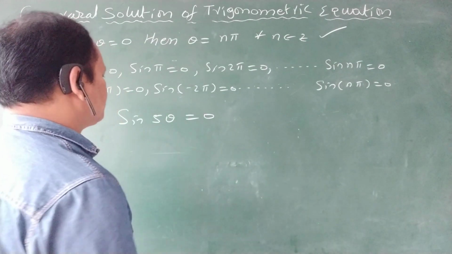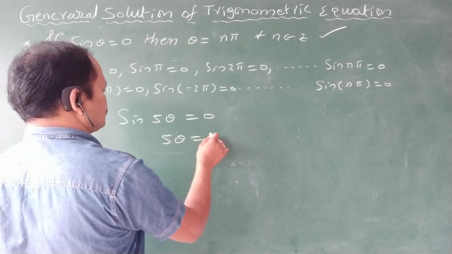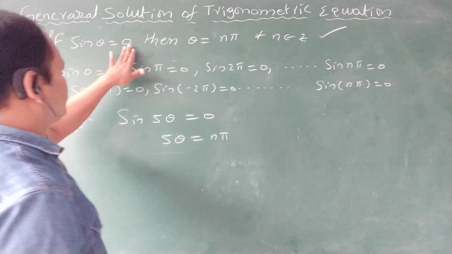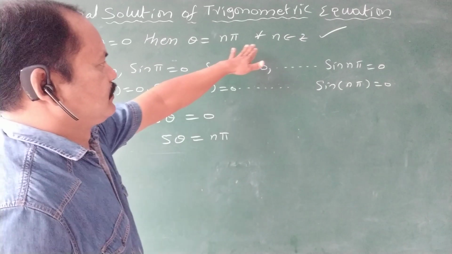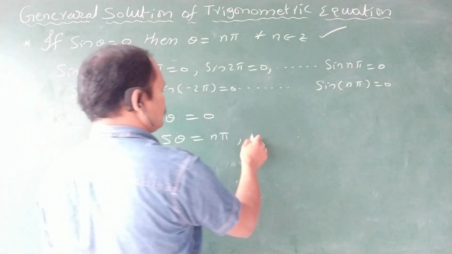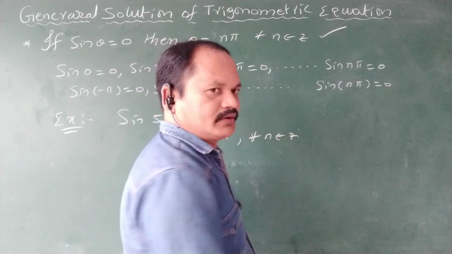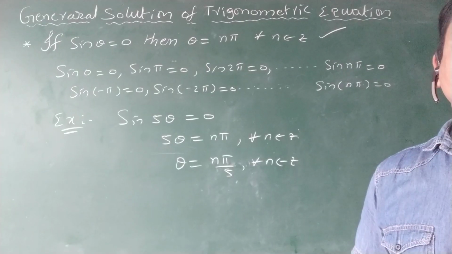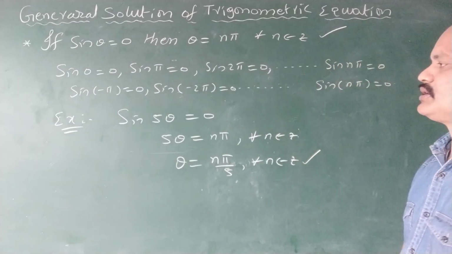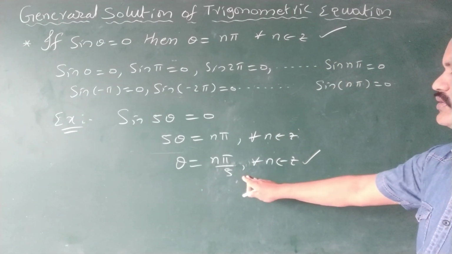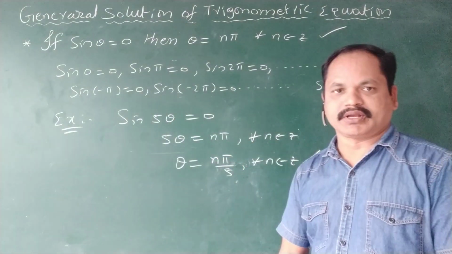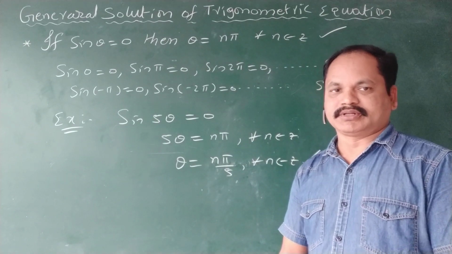From this, 5 theta is equal to n pi, since if sine theta is equal to 0, then theta is equal to n pi for all n belongs to Z. That's why 5 theta is equal to n pi for all n belongs to Z. So theta is equal to n pi by 5 for all n belongs to Z. This is the general solution for sine 5 theta is equal to 0.